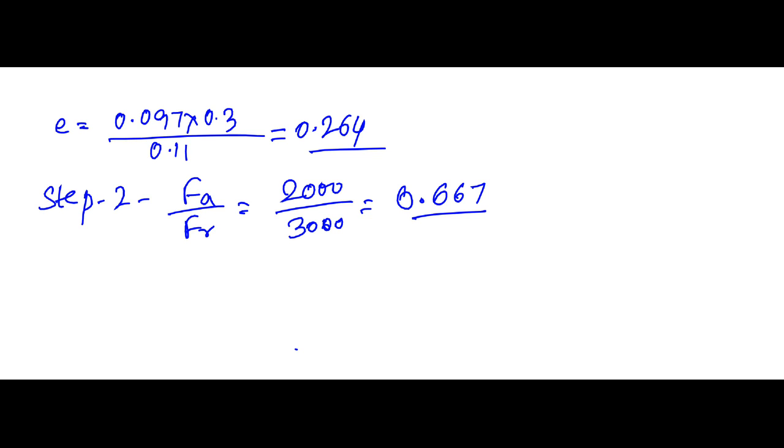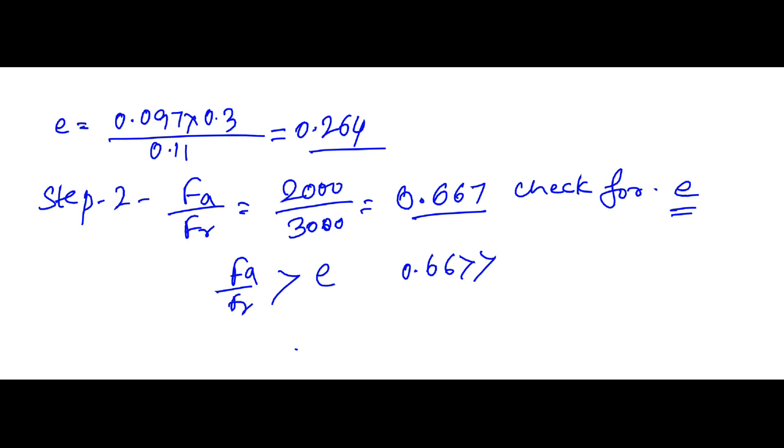Now check this value with respect to E. Check for E. Okay. Now in this case, the FA divided by FR value is greater than E. Right? So 0.667 is greater than 0.264. Correct?